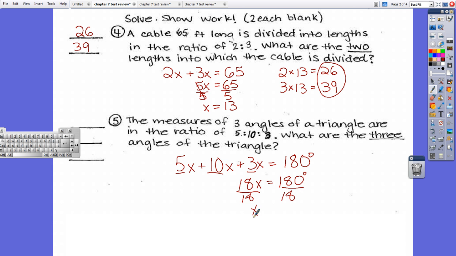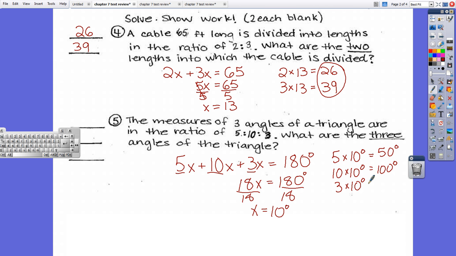But I'm not done because it didn't want x. It wanted the measures of the angles. So I have to multiply 5 times 10 degrees, 10 times 10 degrees, and 3 times 10 degrees. This gives me 50 degrees, 100 degrees, and 30 degrees.